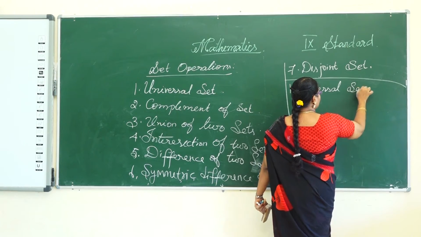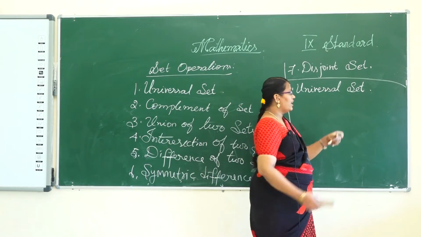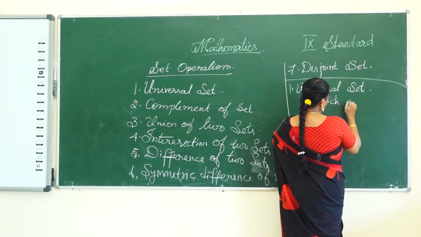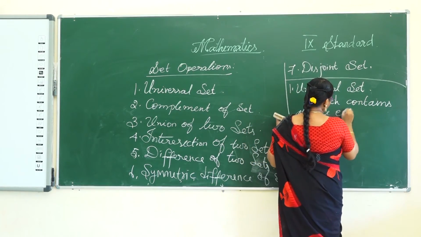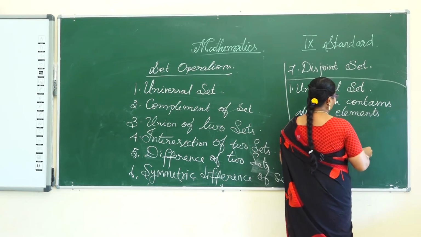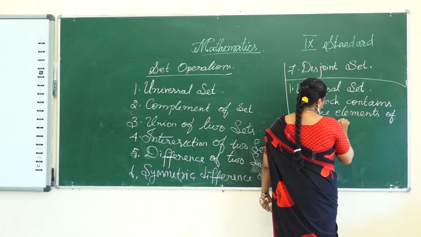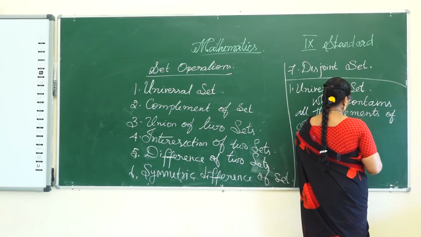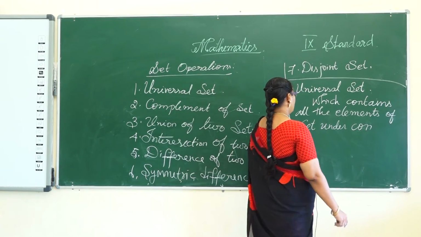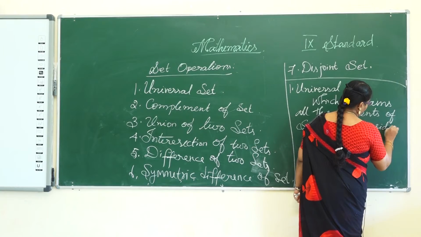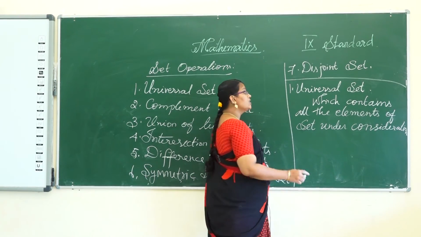A universal set is a set which contains all the elements of the sets under consideration.